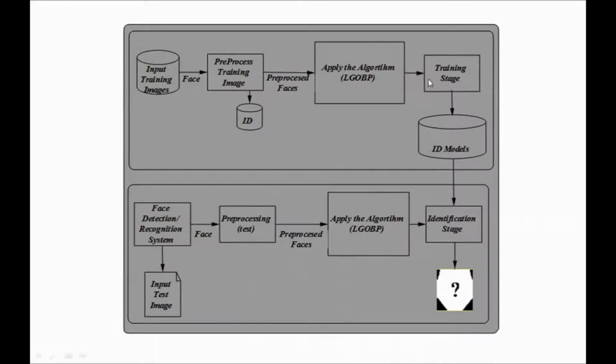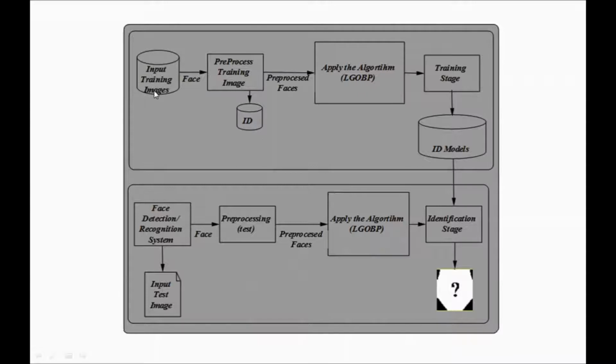You can see these are the subcomponents, subsystems, and these arrow marks are nothing but the relationship between one subsystem and another. This is the overall architecture of the face recognition software.